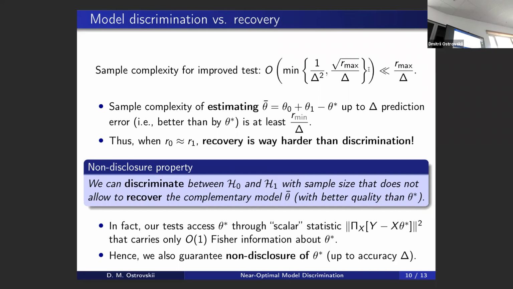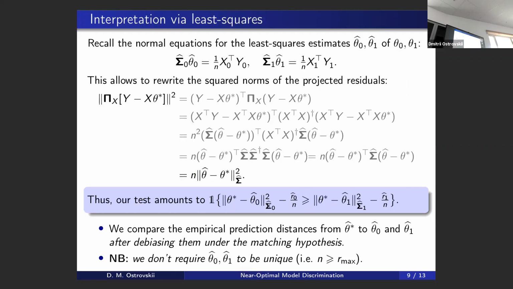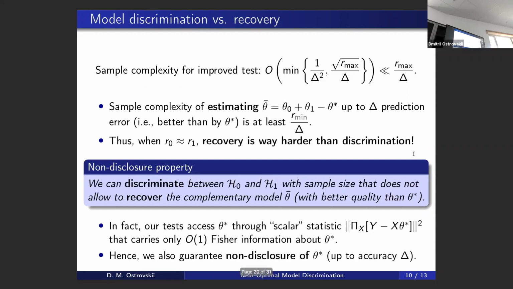So the point is that testing here turns out to be possible without direct access to the model theta star. And even if you have the samples themselves, and not only the test statistic, your sample sizes do not suffice to recover theta star and theta bar up to the natural measure of recovery between them, so up to delta.